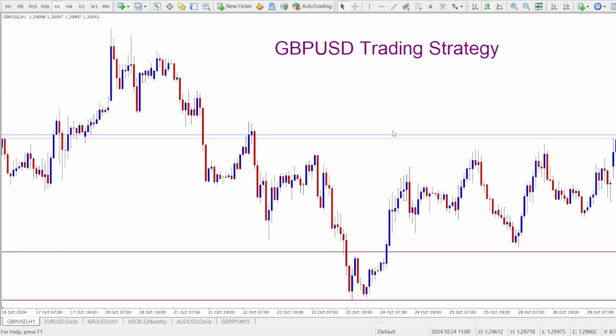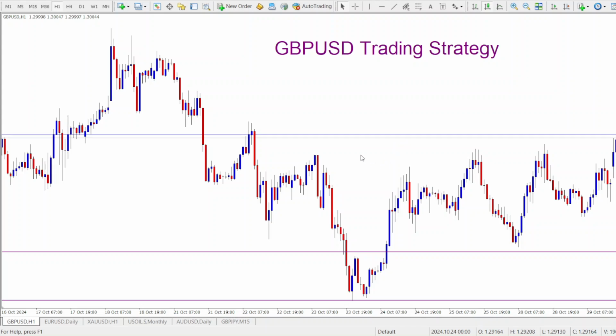So it's important for you to know the best sessions to trade the GBP/USD, and such sessions are the London and the New York sessions. If you're trading this pair, it's essential to keep track of economic events like interest rate announcements, employment reports, and other key data releases during these times. Now let's jump over to the charts.